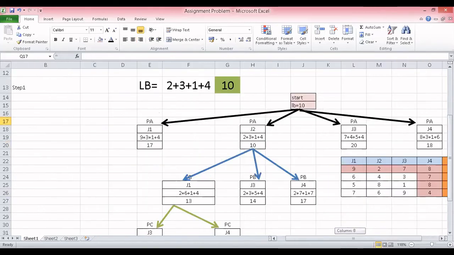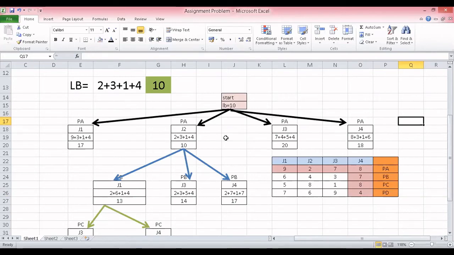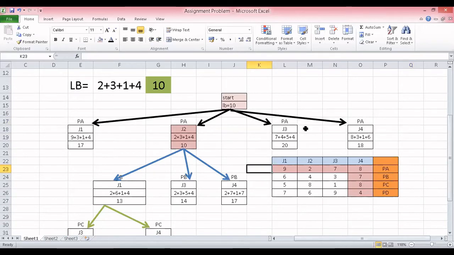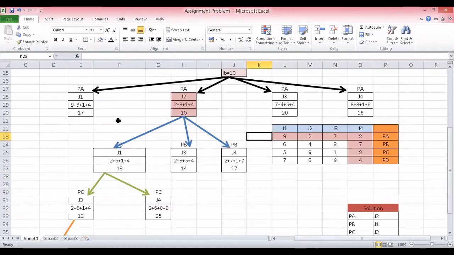Okay. Now level 1 is completed. I have made all the possibilities. If job 1 is assigned to person A, similarly job 2, job 3, job 4, I have found out what the cost will be. Now in this, the minimum is this one. Now I'll proceed from that step. I could go to the other boxes also and calculate all the answers, but you will get a bigger value.